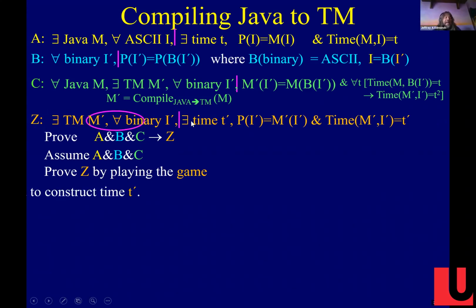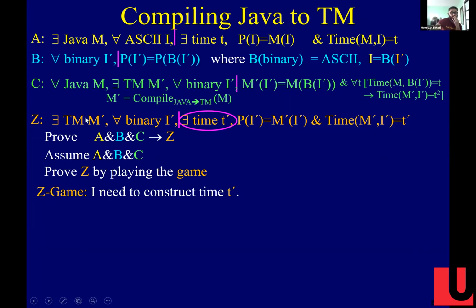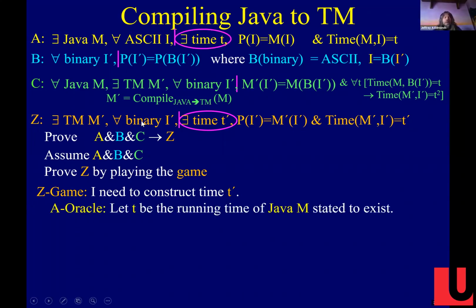What's the next thing I need to do in my game? I need to come up with a running time, right? I came up with the Turing machine, and the adversary gave me an input, and now I have to say how long the Turing machine will take on input I. Well, I need to come up with a time from somewhere.